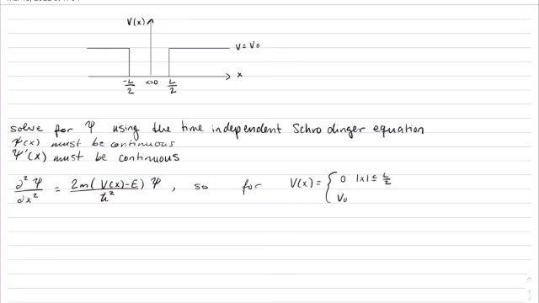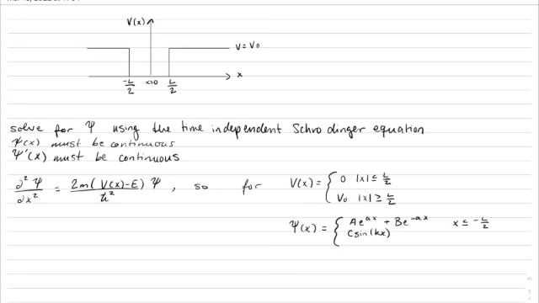So we get that the wave function, given that the potential is 0 within the well and V0 outside of the well, will be a times e to the ax plus b times e to the negative ax for the left side of the well.